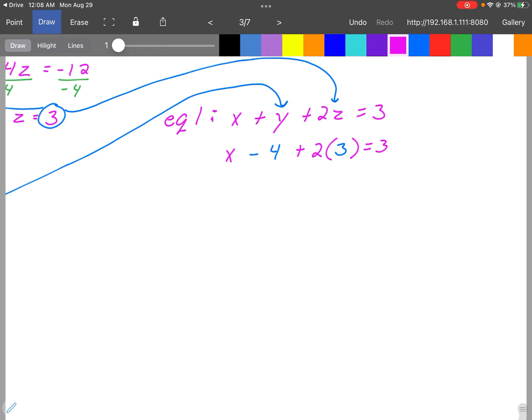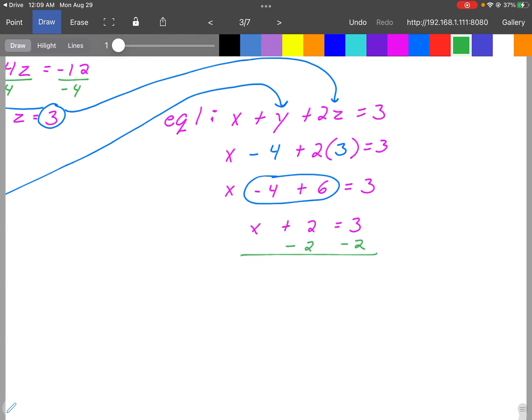So then let's focus on this. X is our only variable now, so we can solve for it. So we have x minus 4, and then 2 times 3 is 6, and it equals 3. Now I can go ahead and combine these two together. So that's going to give me x plus 2, because -4 plus 6 is 2, equals 3.